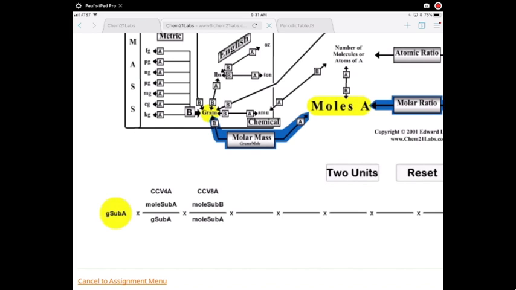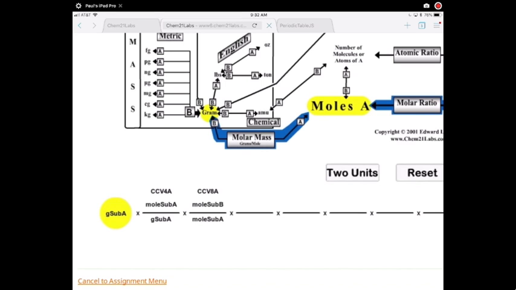The multiplication steps are grams of ammonia to moles of ammonia, and then moles of ammonia to moles of this thing.